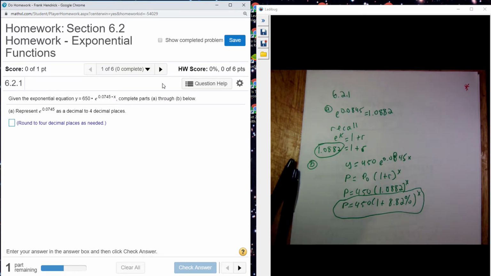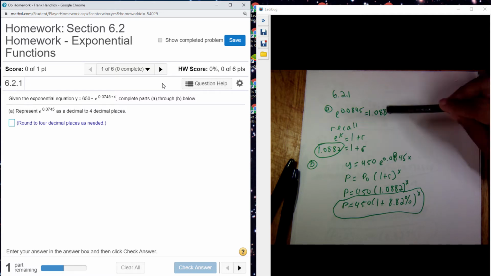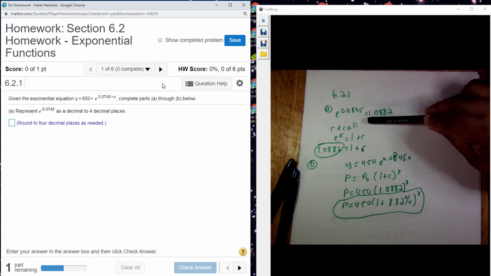Now this one here, they ask you to represent e to the k as a decimal. So you can do this on your calculator, with the e to the x button.